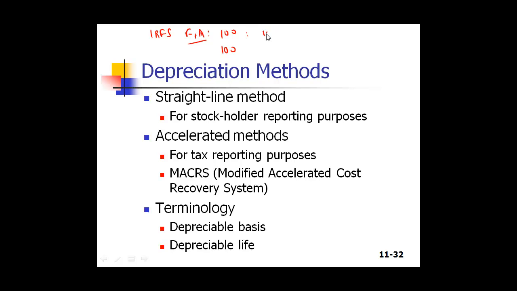So what will your depreciation be? 10, 10, 10 over your 10 years. Now let's say the country in which you operate, the tax rules allow you to do accelerated depreciation.